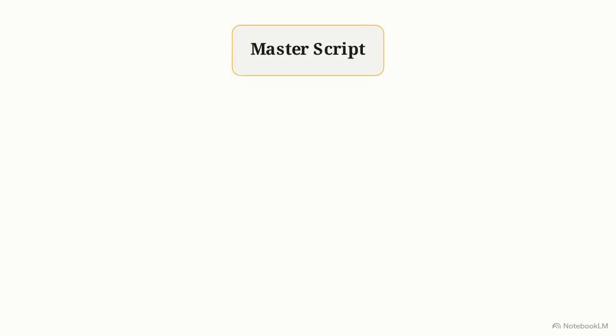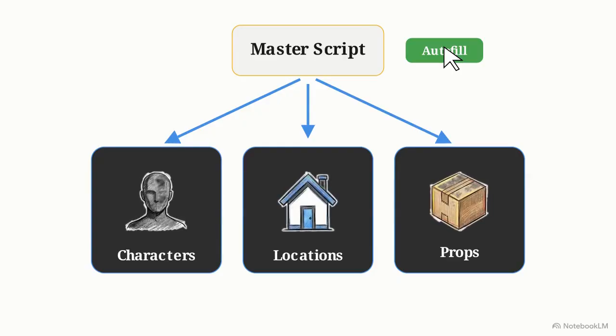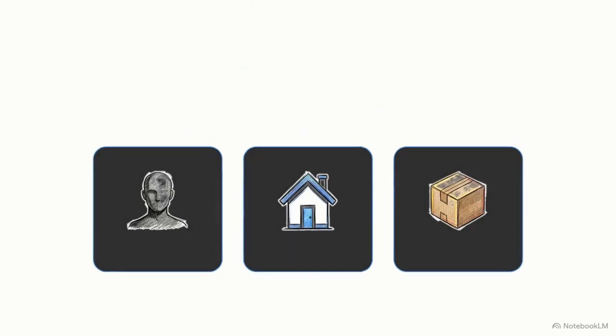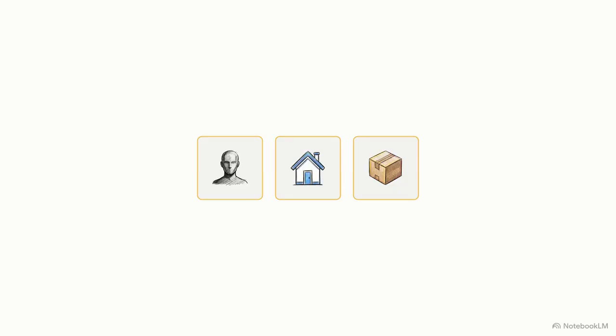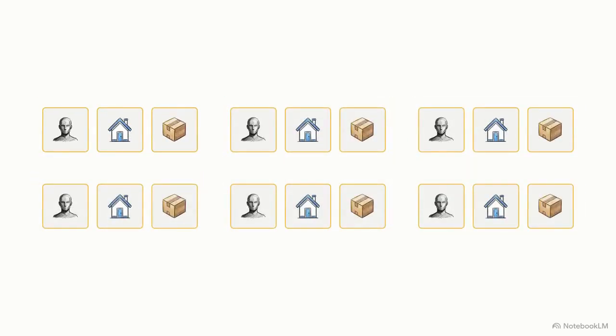The studio breaks that master script down, isolating every element into specific categories for your characters, your locations, and your props. You review and adjust each of these individual assets by clicking the Autofill Characters button to generate initial visual drafts. Once everything looks correct in isolation, you snap these finalized elements together to build the sequence.